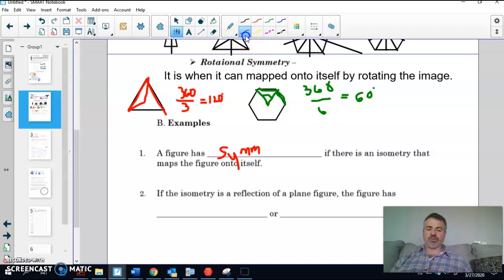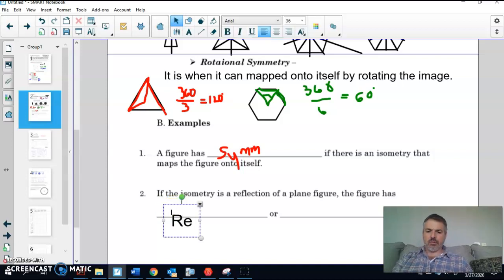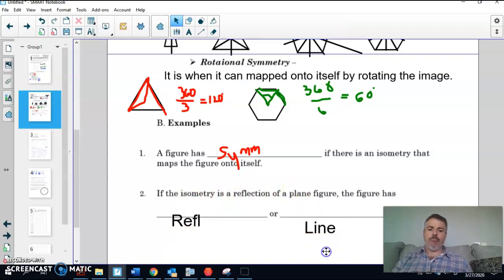Sometimes it's called reflectional. Actually, let me type that in. Reflectional or line symmetry. So that's what goes in those two.